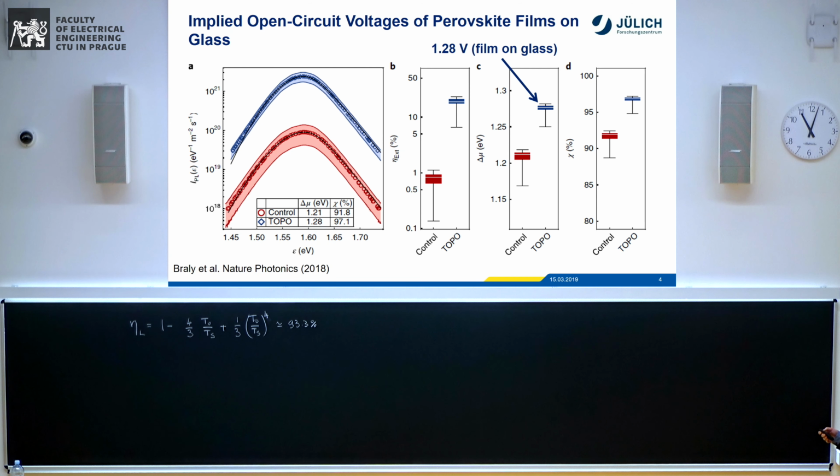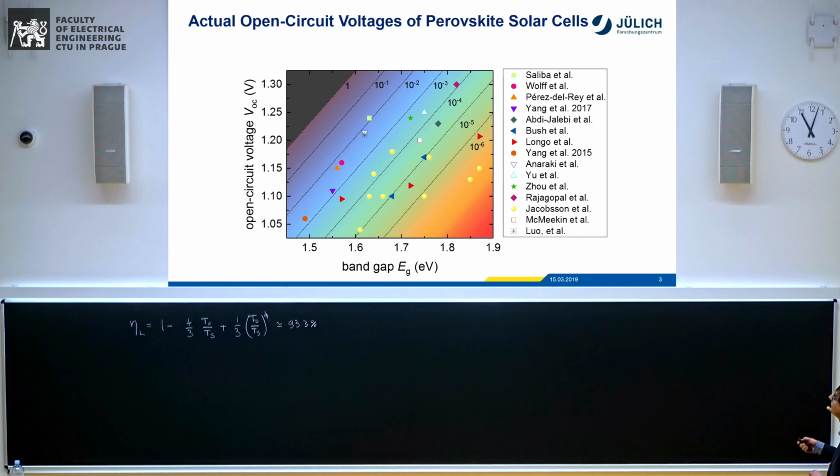What they found were external quantum efficiencies, with TOPO, a molecule that they used for passivation, on the order of 30% external luminescence quantum efficiency. That would correspond to a quasi-Fermi level splitting of about 1.28 volts with a band gap of 1.6. So that's up here in that region. Pretty good numbers.